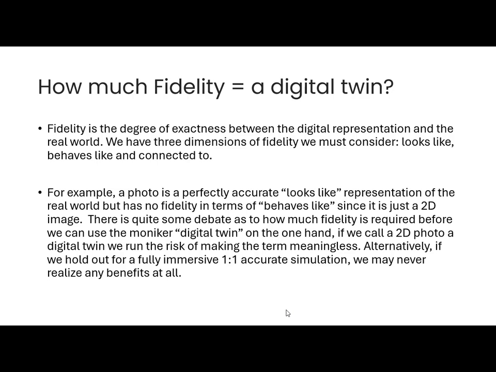On one hand, if we call a 2D photo a digital twin, we run the risk of making the term meaningless. Alternatively, if we hold out for a fully immersive, one-to-one accurate simulation, we may never realize any benefits at all.